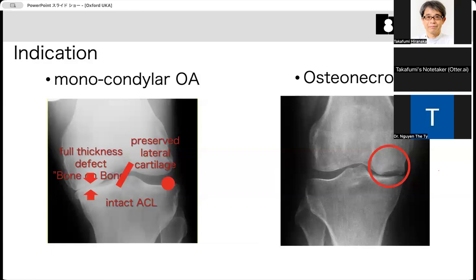要するにここの骨がもう壊死を起こして薄い骨が残ってる。There's a necrotic subcondylar bone. But it is very unstable that can irritate during the weight bearing.